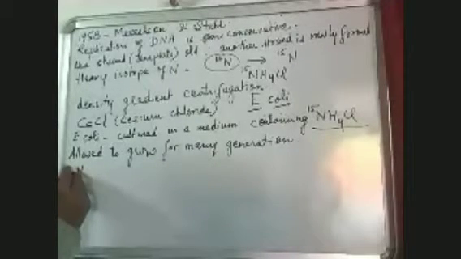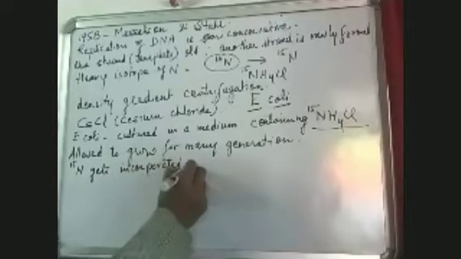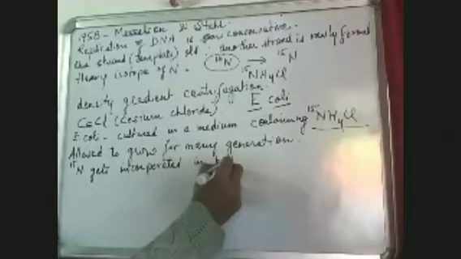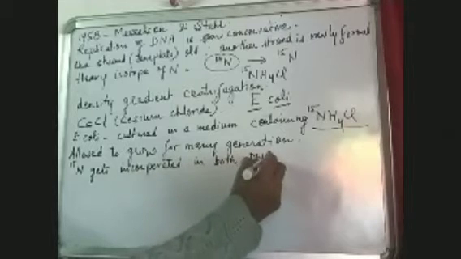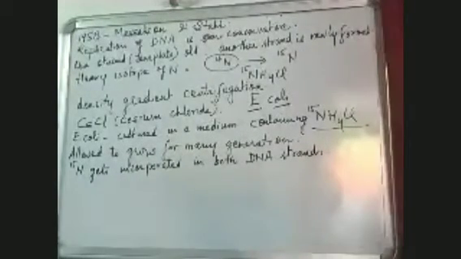That means N15 from NH4Cl gets incorporated in both DNA strands, so that the N15 gets incorporated in both DNA strands.